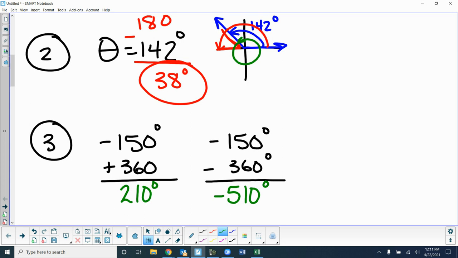If it's bigger than 720, then you subtract 360 a couple times before you get to a negative, because 720 is 2 times 360. If you had a negative 400, I would add 360 twice. The first time you add 360, you'd still be negative. Then the next time you'd have a positive. So what I'm asking for is one positive coterminal and one negative. So hopefully it won't be bigger than 360 or smaller than negative 360. But if it is, you guys can figure it out, right?